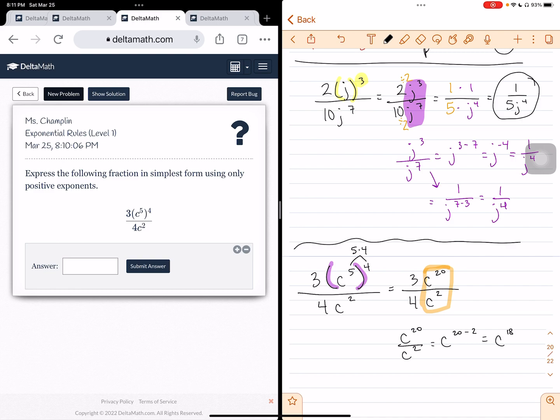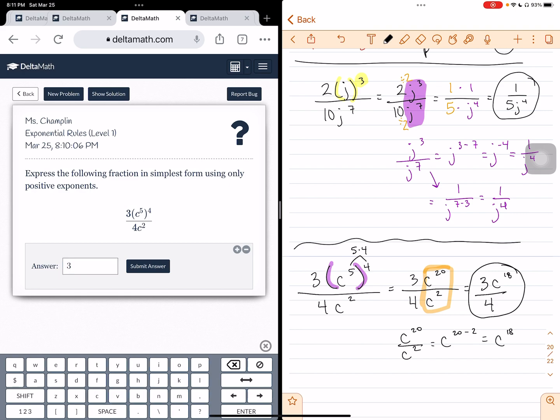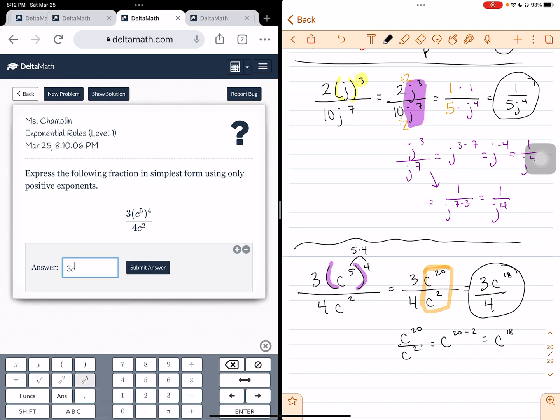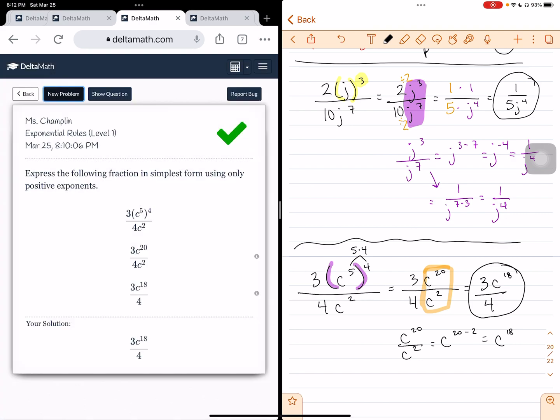And that's going to go on the top. Okay, so this is going to be 3c to the 18th power over 4. And that would be your final answer for this one. Just over 4.